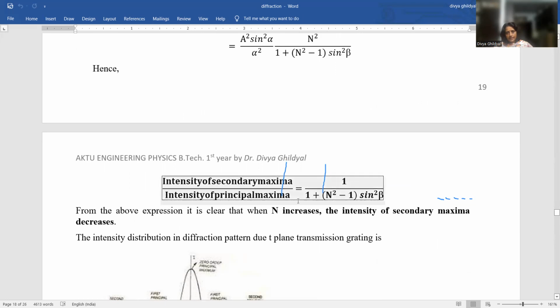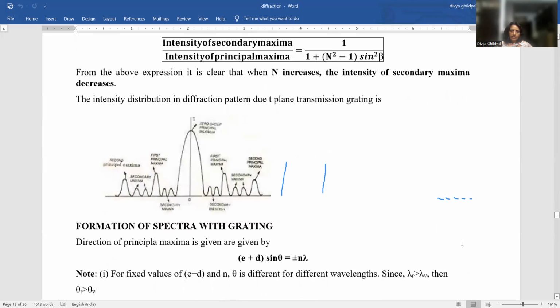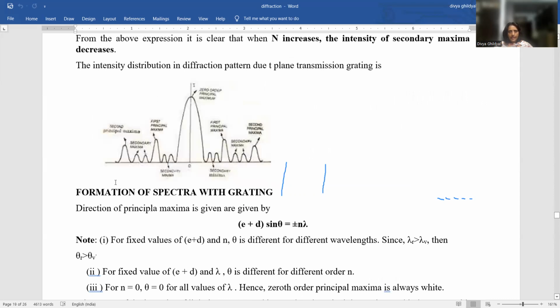So it is clear that when n increases, the intensity of secondary maxima decreases. Here is the spectral distribution due to n number of slits, or due to the grating: the zero order principal maxima followed by secondary maxima and minima.